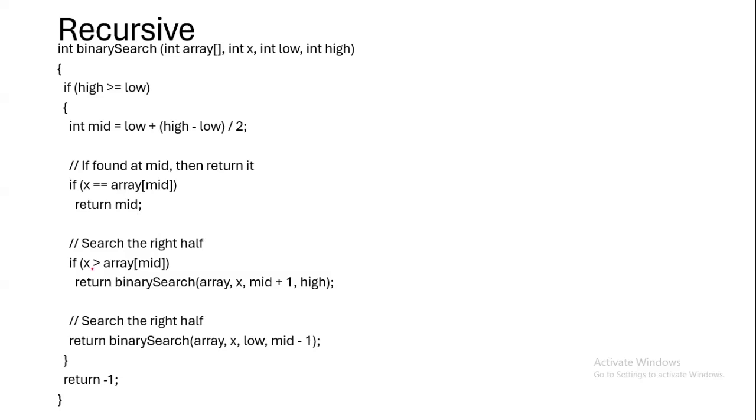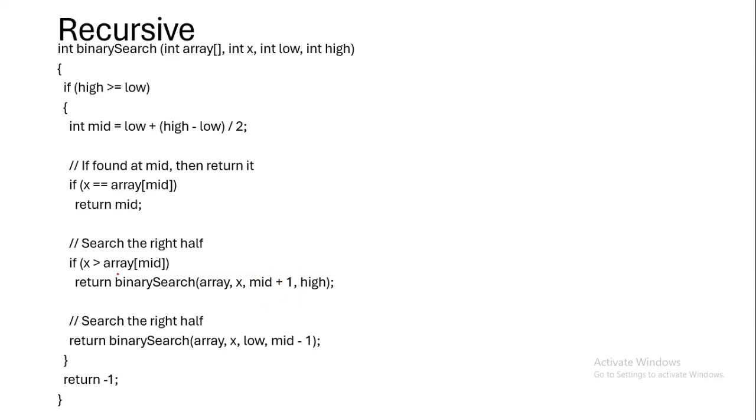If the element to be searched is greater than the mid element, then we focus our search on the right half of the sub array. So we need to update the lower bound of the sub array.